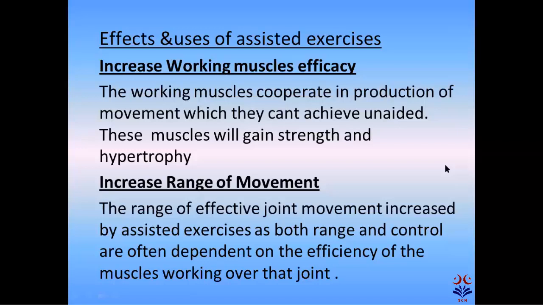When the muscles gain their power, they are able to complete the range of motion which they were not capable of before the active assisted exercises. When by active assisted exercises over a period of time they gain their power, they become able to complete the range of motion of that particular joint.